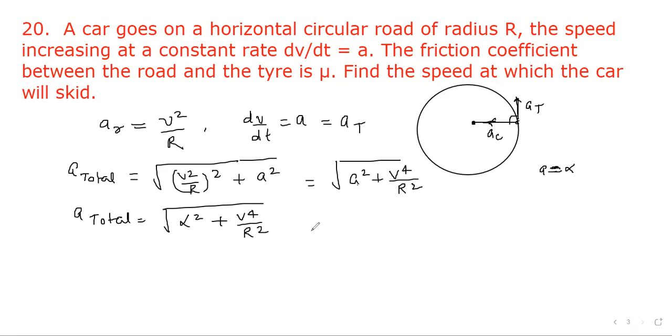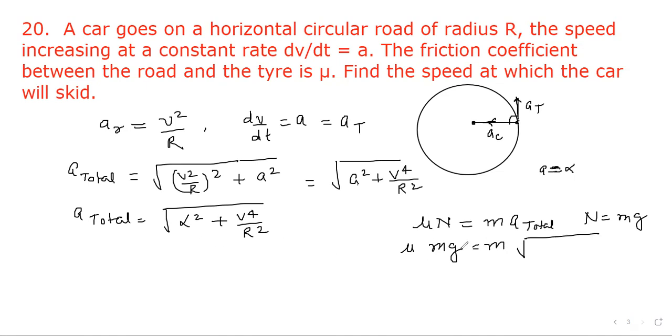Now, frictional force mu N must be equal to m times a total, and N equals mg because the road is leveled. So we can say mu times mg is equal to m times a total, and a total we have found here as square root of alpha square plus v power 4 divided by R square. m will cancel out.